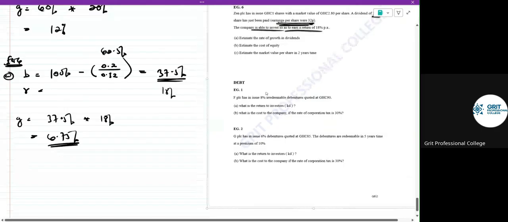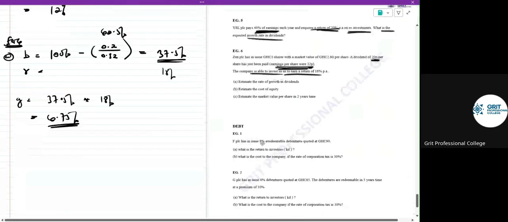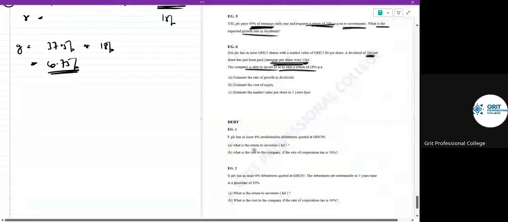B. Calculate the company's cost of equity.